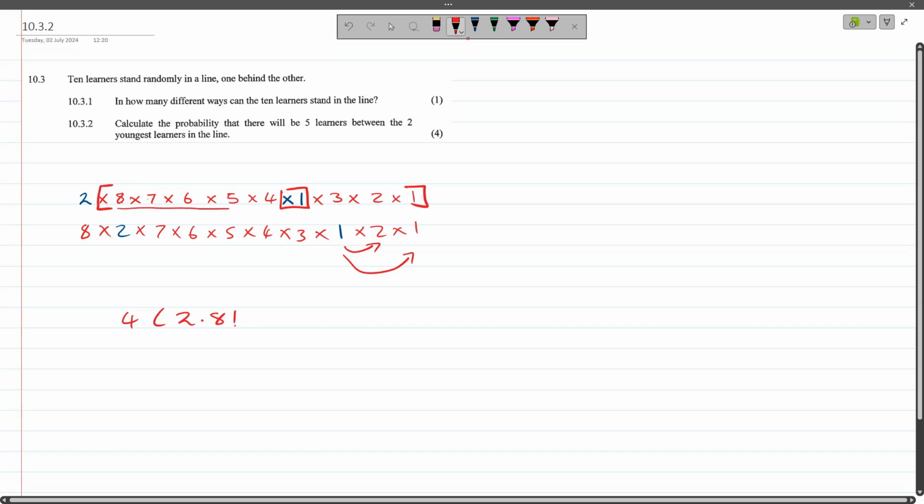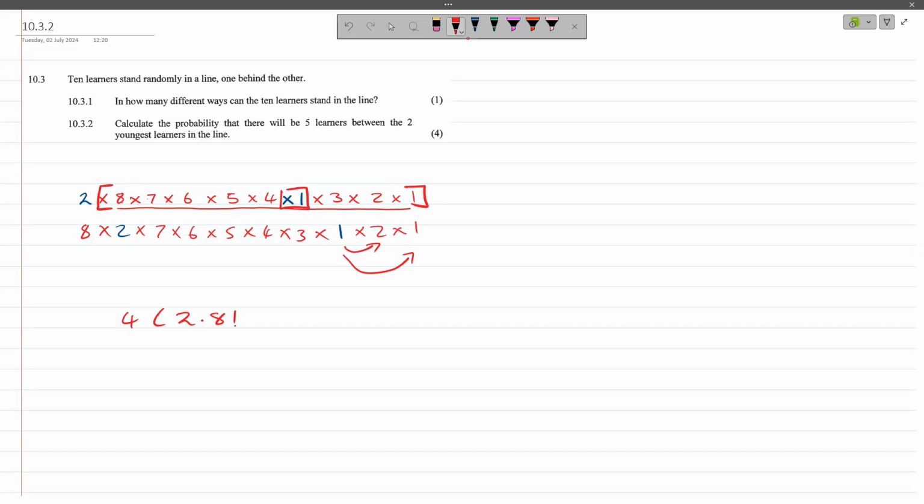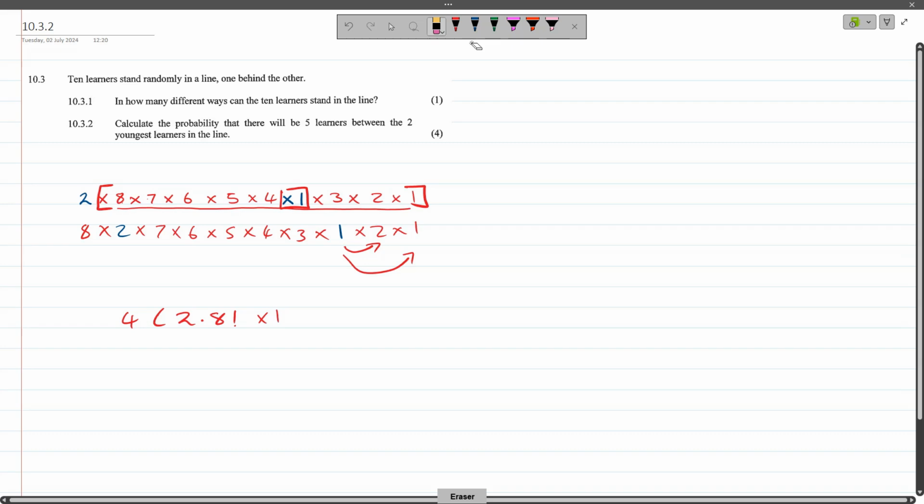If we look at it, 8, 7, 6, 5, 4, 3, 2, 1, that is just 8 factorial, and you can multiply it by 1 if you want to, but it doesn't really make a difference. So we say that this will be equal to 322,560.